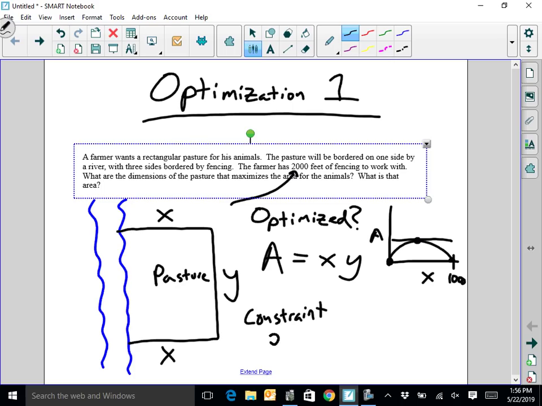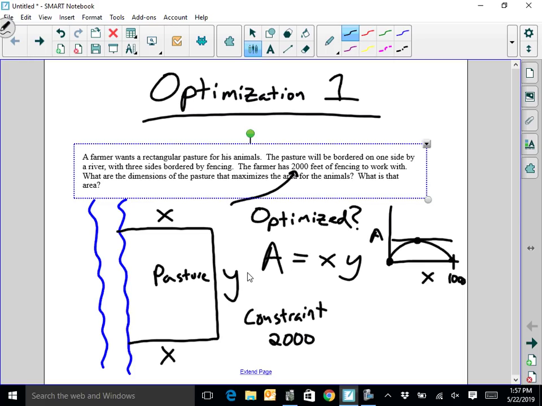What I want to do is write an equation from my constraint, and then use substitution to get this area equation down to a single variable. So here's the constraint. I only have 2,000 feet of fence. Well, 2,000 would represent the total amount of fence. It's not quite the perimeter of this rectangle because there's no fencing on the river side. So here's what I know.